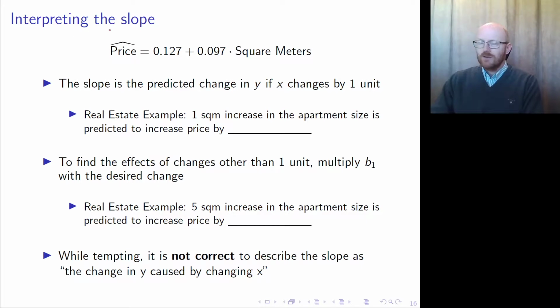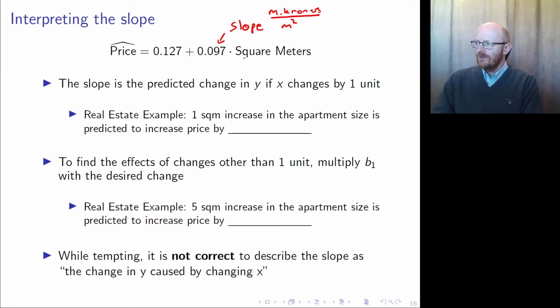We could also interpret the slope, right? Here, slope. And this is in million kroners per square meter, right? And this is really the predicted change in y if x changes by 1 unit, right?